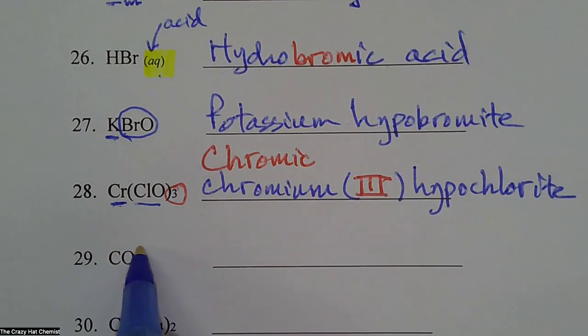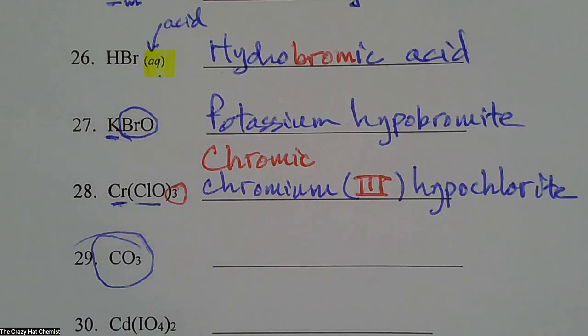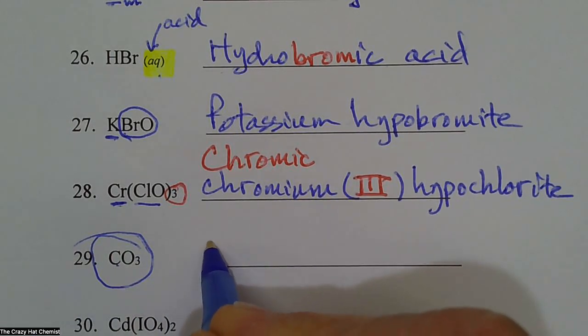Next one, this is a binary nonmetal. That is, it has 2 nonmetals and it's going to use prefix naming. So when there's only 1 for the first element, you don't write a prefix. When there's more than 1 for this first element, you have to write a prefix. So when there's 1 for the first element, as in this case, it's just the element name, carbon.